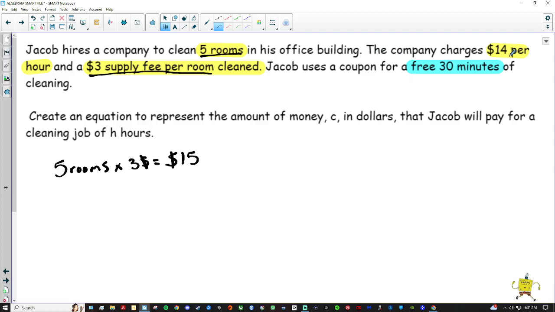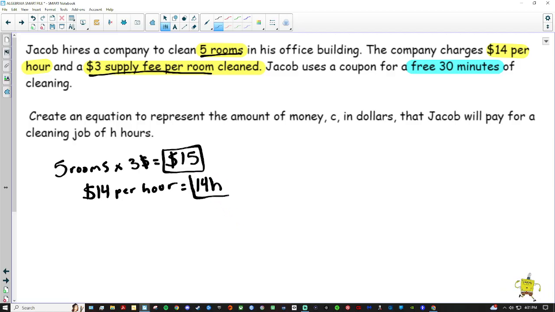They also charge $14 per hour. Okay? So H is hour. So right now we know that it's going to be $15 flat for the 5 rooms and $14 per hour, which is 14H.